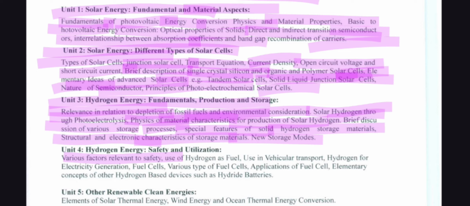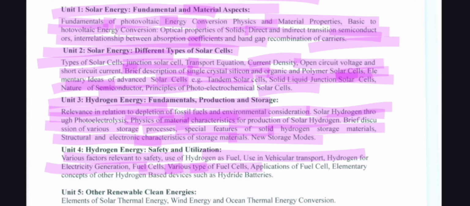And unit 4 is hydrogen energy safety and utilization. Various factors relevant to safe use of hydrogen as a fuel and use in vehicular transport, vehicles, transport of hydrogen for electric generation, fuel cells.